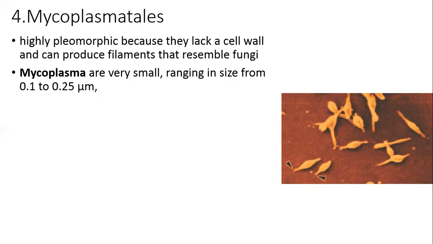So how can this organism lacking a cell wall be placed in this group? The answer is that this placement, as I told you multiple times, is not because of phenotypic characters but because of phylogenetic characters. Phylogenetic analysis placed them into this group.